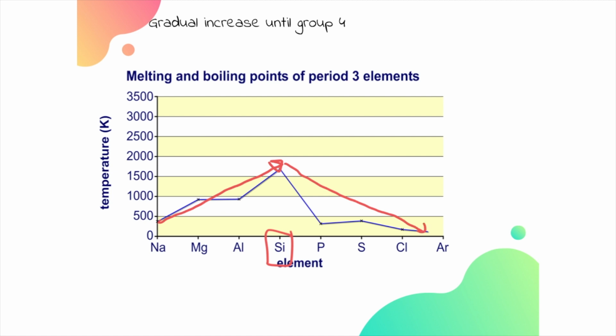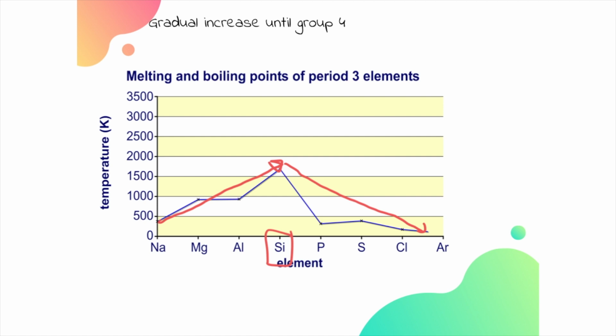Group 1 is lower than group 2, lower than group 3, and the melting point peaks at those macromolecules of group 4, like carbon and silicon. But then we have a sharp decrease all the way to the noble gases.